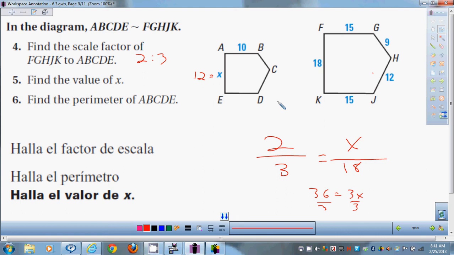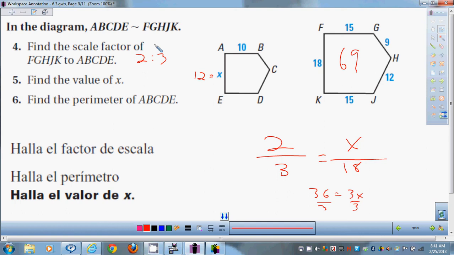Now, if that one is 69 and your scale factor is 2/3, how can I find our new perimeter? You do it the same way you find a side. Scale factor equals the perimeter I'm looking for over the perimeter I know, as long as you're still going in the same order.